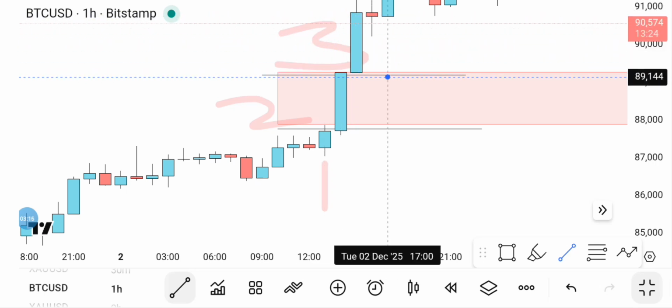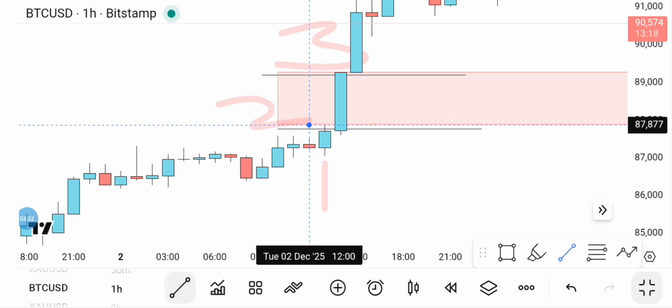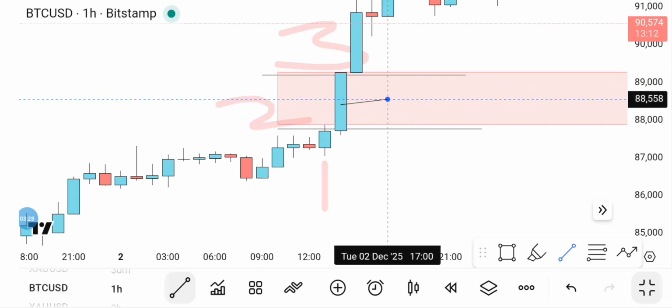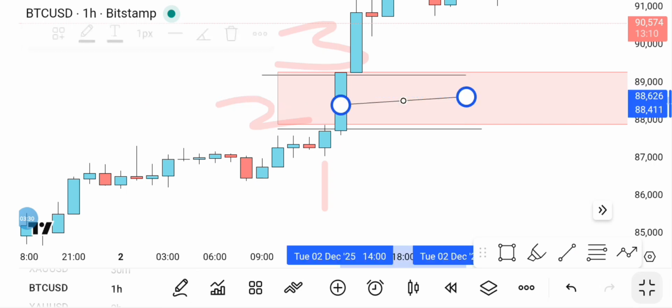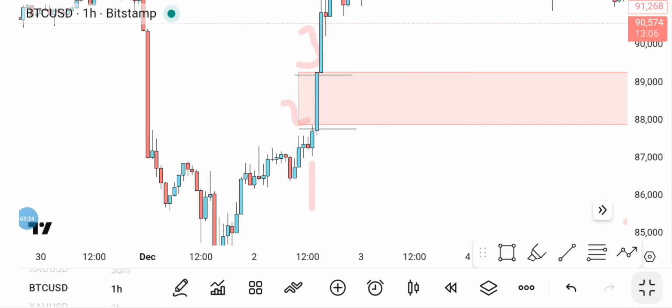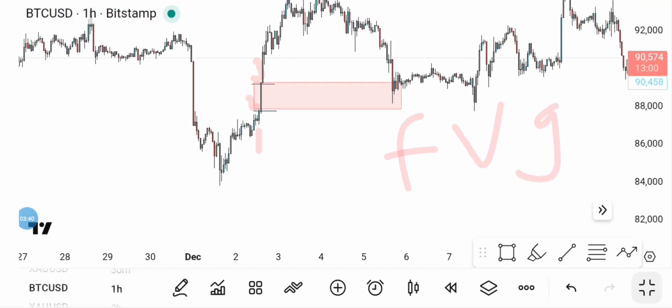The FVG lies between the wick of this first candle here and the bottom of the third candle. So this is where the fair value gap lies. But now we use it in conjunction with other confluences to make our trading entries powerful.